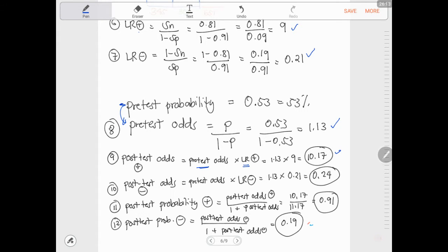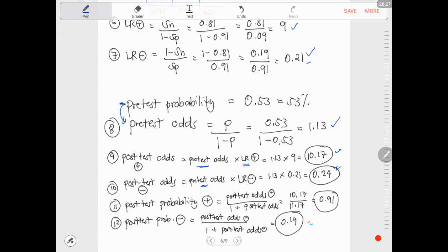Sa post-test odds naman, you get the pretest odds and multiply it against LR negative. So, the answer is 0.24.